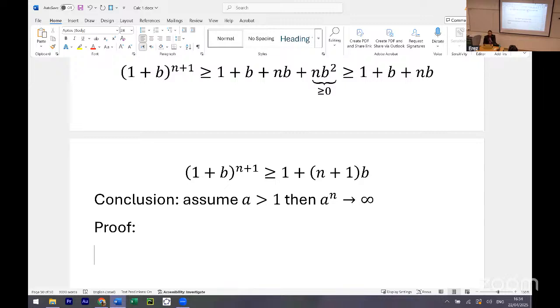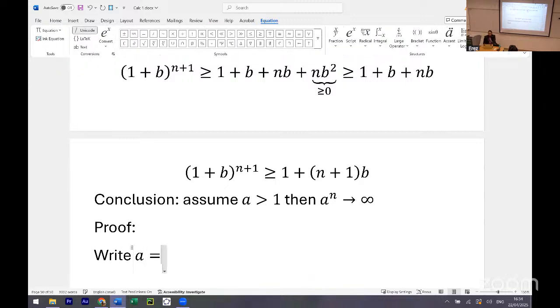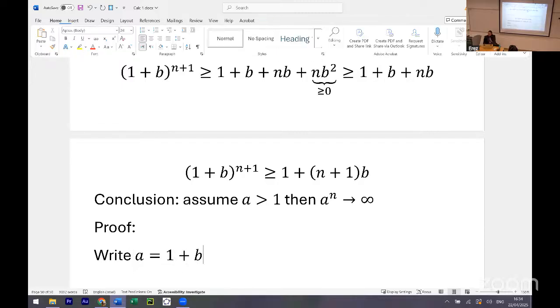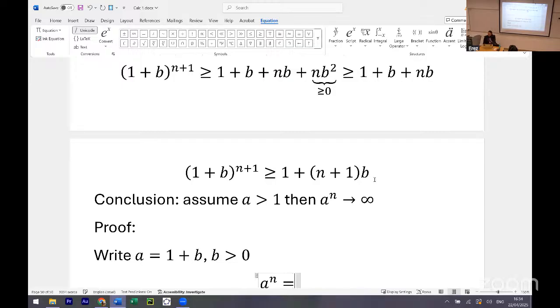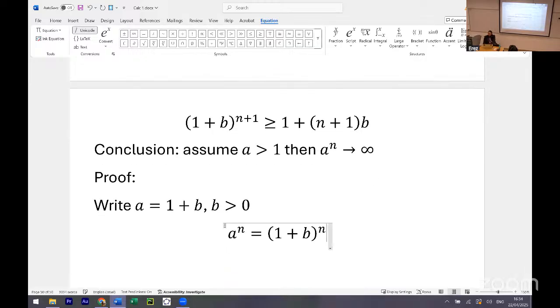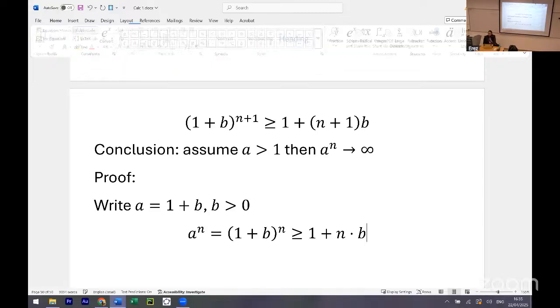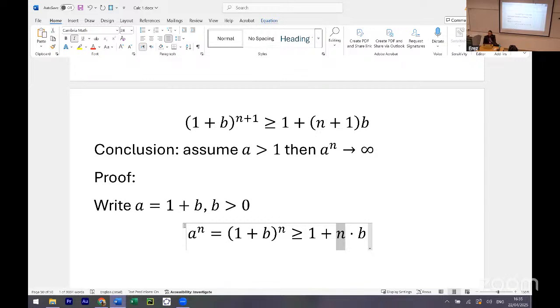If a is larger than 1, then write a as 1 plus b, where b is bigger than 0. a to the n is (1 plus b) to the n. By Bernoulli, it's larger or equal to 1 plus n times b. This goes to infinity, obviously.